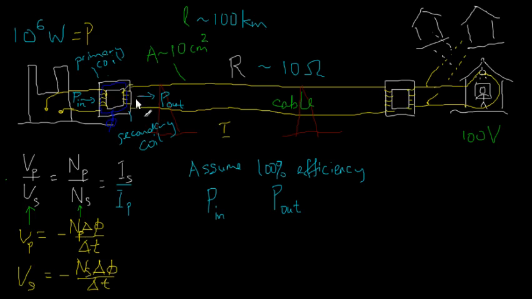So those are wasted power. But assuming 100% efficiency, this means that the output power is equal to the input power, so that there's no heat loss in the device.